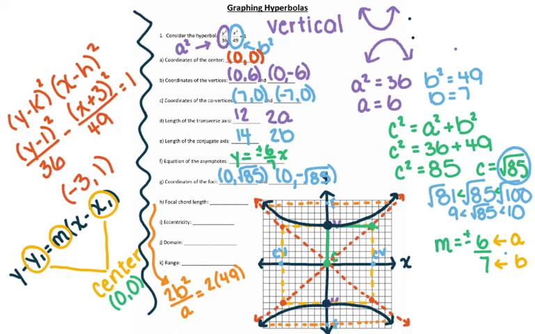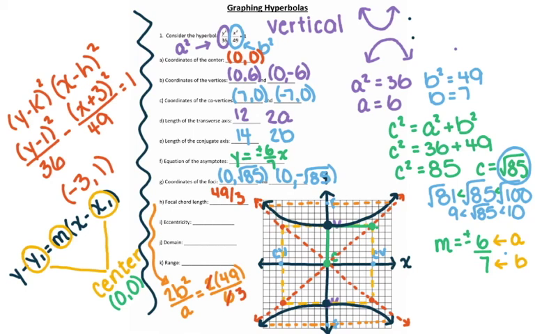A was 6. And actually, to make this easier to simplify, 2 goes into itself once, 2 goes into 6 3 times. So the focal chord length is 49 over 3.